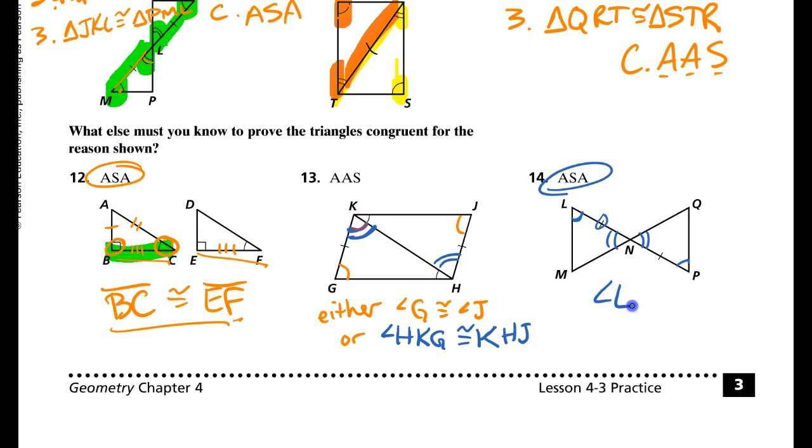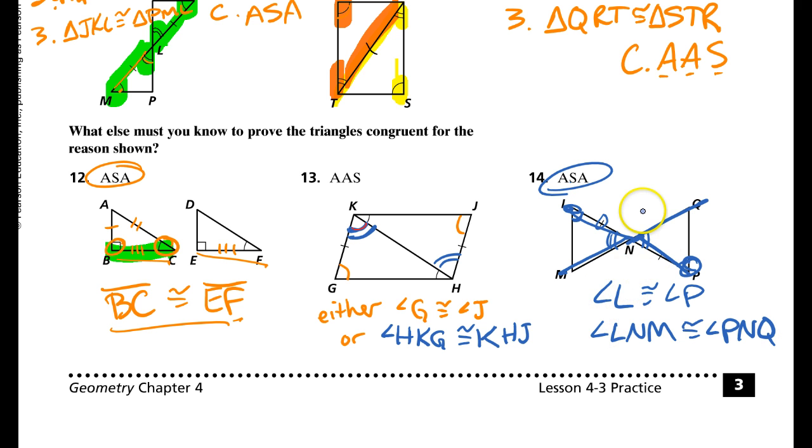So what I'm missing is angle L congruent to angle P, and angle LNM, meaning from here to here to here, so this guy has to be congruent to angle PNQ. If I knew these 2 things, then these 2 triangles would be congruent by ASA.